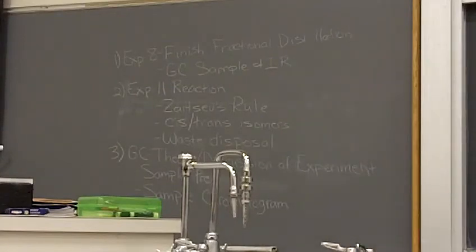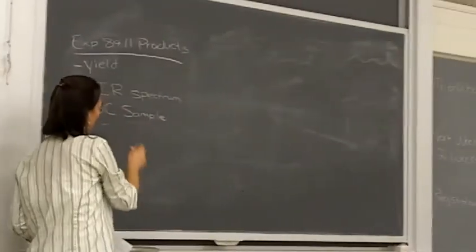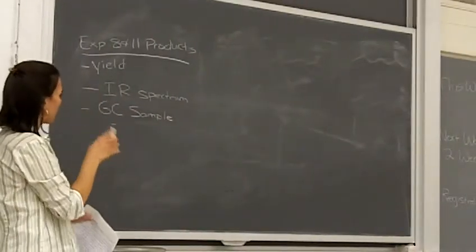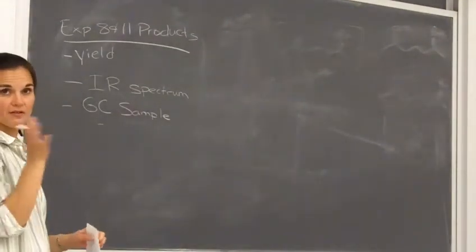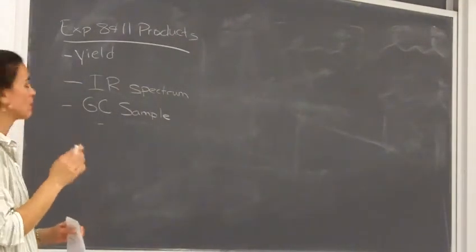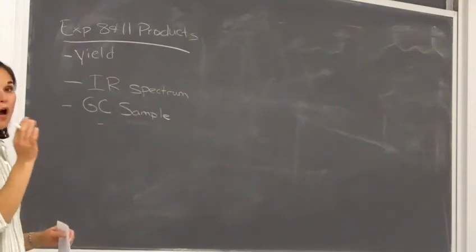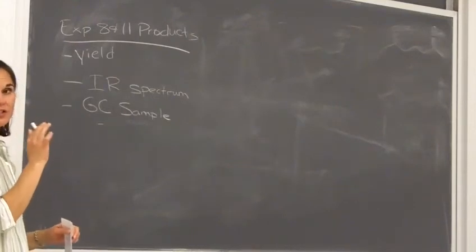And actually here, while we're at the GC sample, let's just talk about what you're going to do with these. So look at your alcohol and your alkene, okay? As long as there is no solid present, so make sure that you don't see any solid, no visible water present, because water kills the GC column.